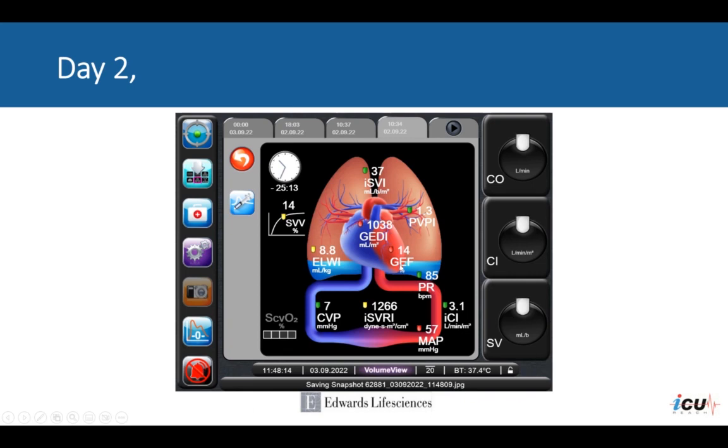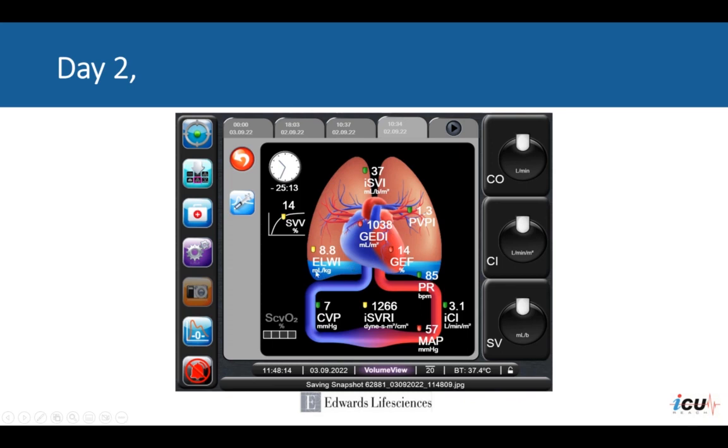The global ejection fraction improved. Stroke volume is acceptable. The afterload, or the systemic vascular resistance, is improved. Now it is lower than 1900. Remember, it was 3000 or more. Now we have decreased SVR.